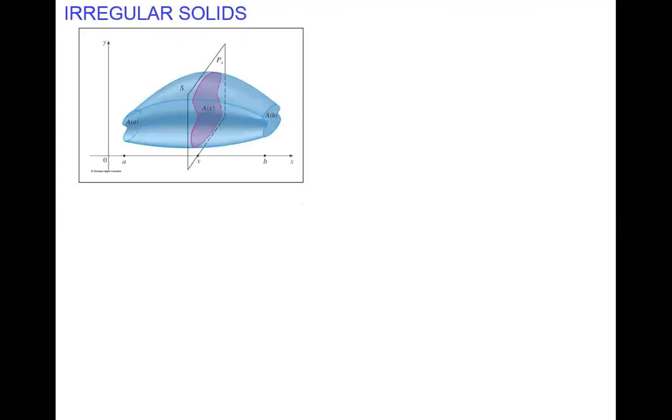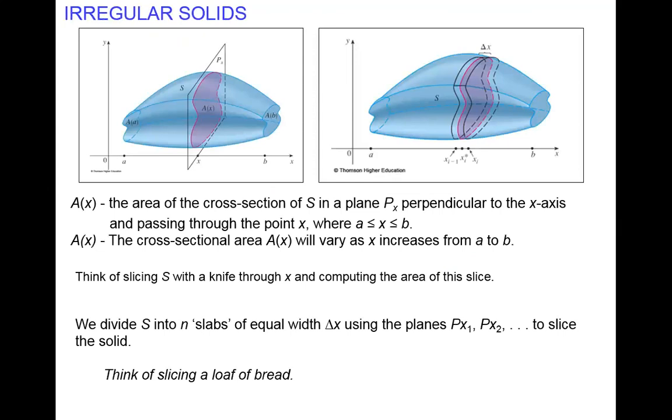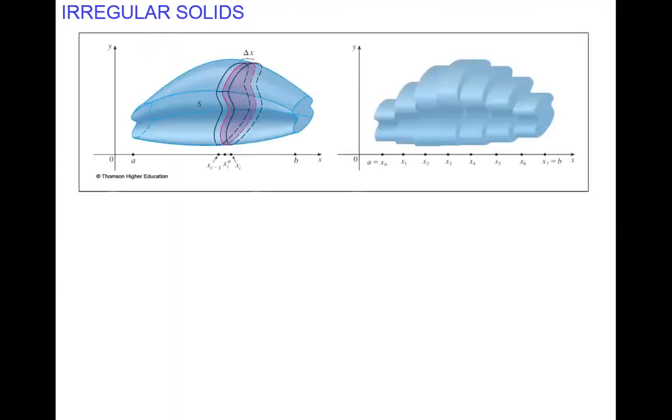Okay, let's see. That means we know the thickness delta x. The A of x will be the cross-sectional area. But now this one, can you see this is kind of like our bread?